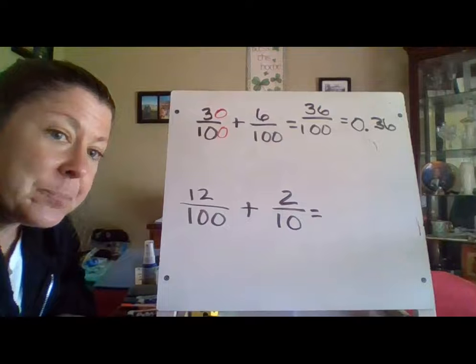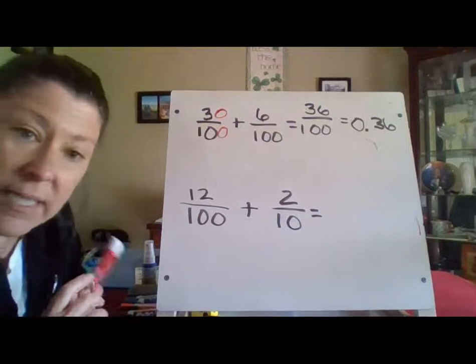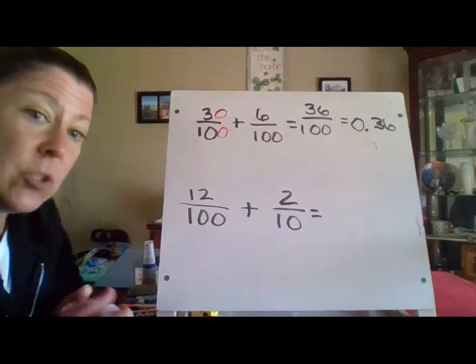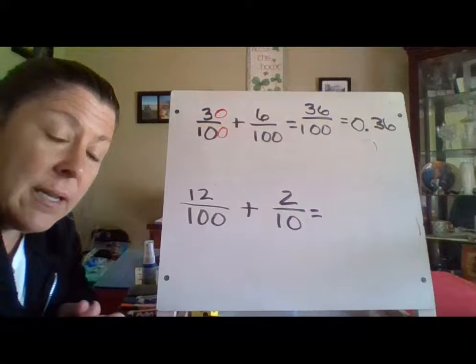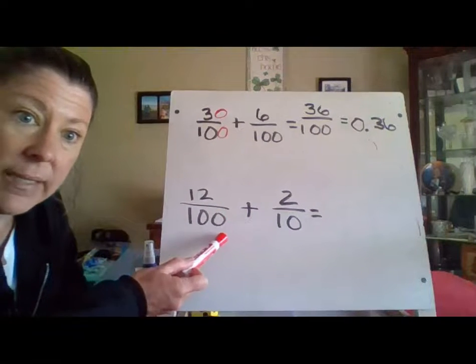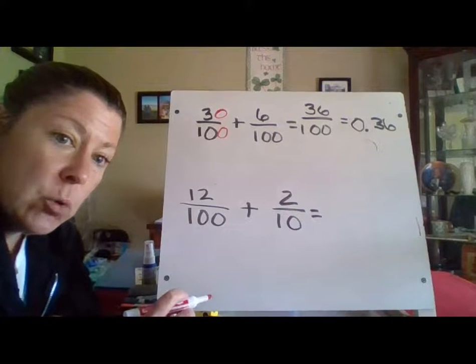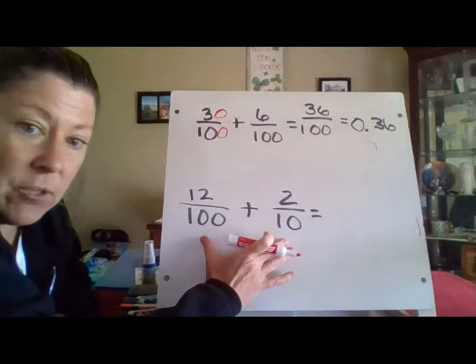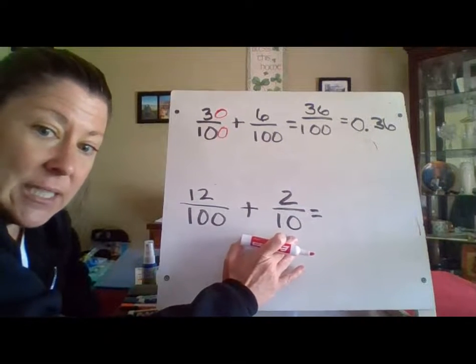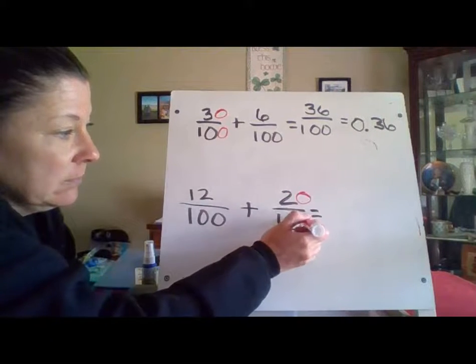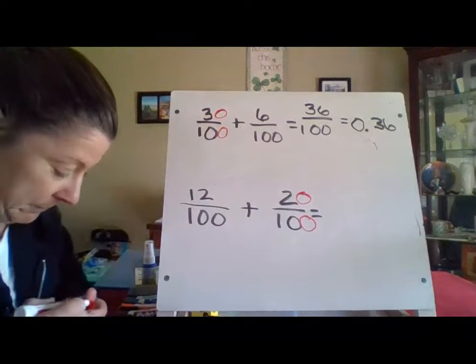Next example. Now, these exact examples are not on your number 3, but you will solve number 3 problems modeling it after this. 12/100 plus 2/10. I don't have apples to apples. I'm easily going to change these tenths to hundredths.